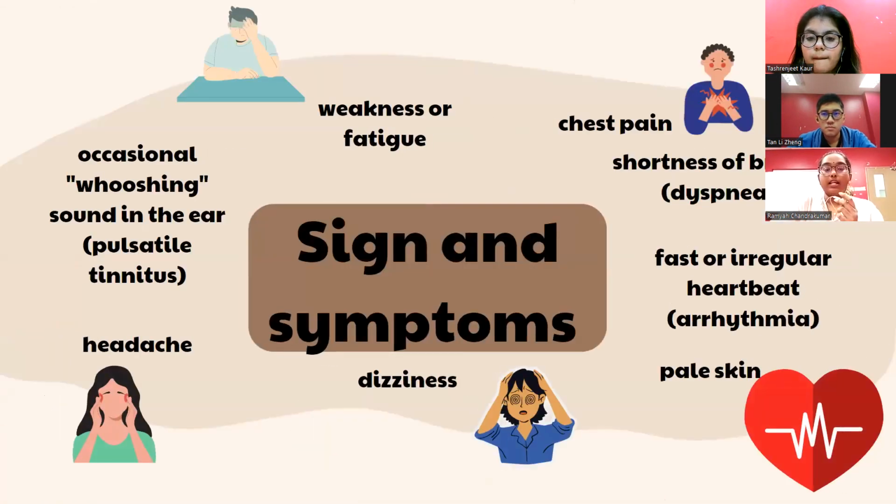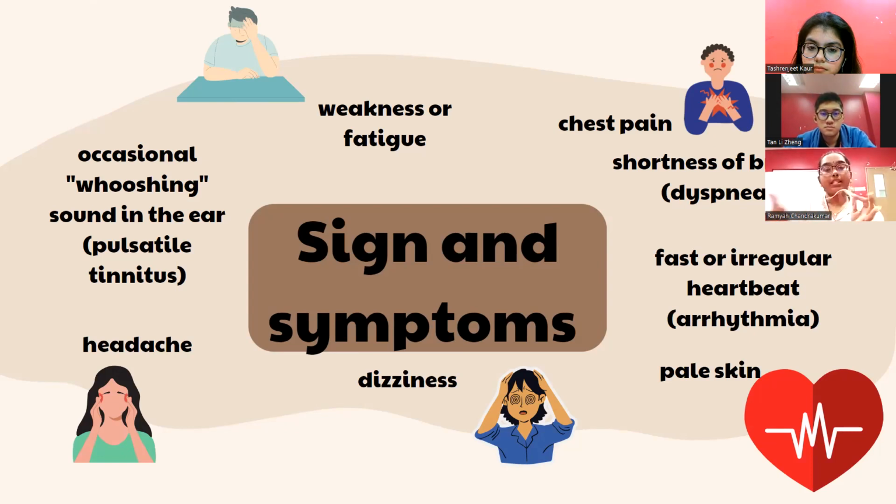Okay, so the signs and symptoms. The main symptom of poikilocytosis is having a significant amount, which is greater than 10%, of abnormally shaped RBC. In general, the symptoms of poikilocytosis depend on the underlying condition, and poikilocytosis can also be considered symptoms of many other disorders.